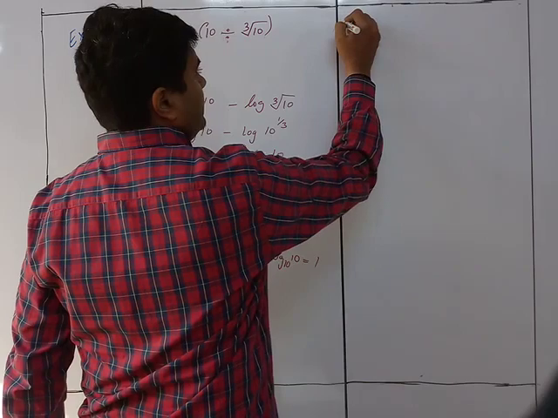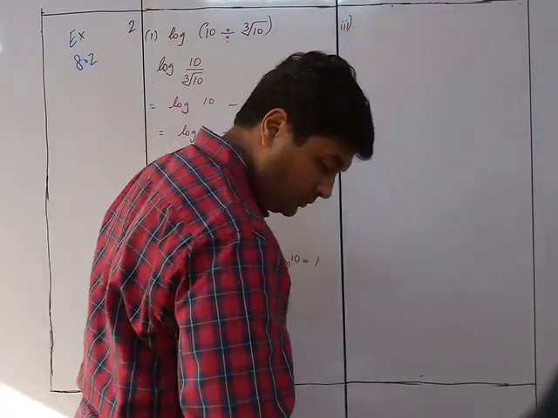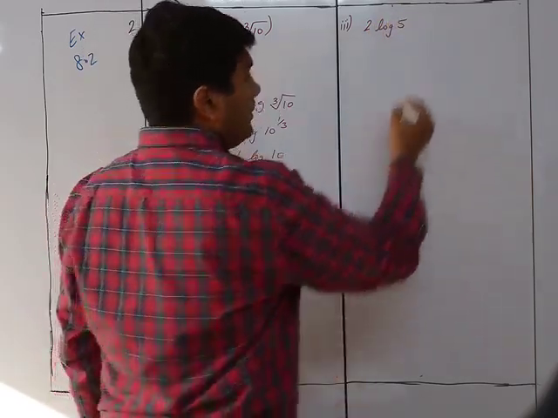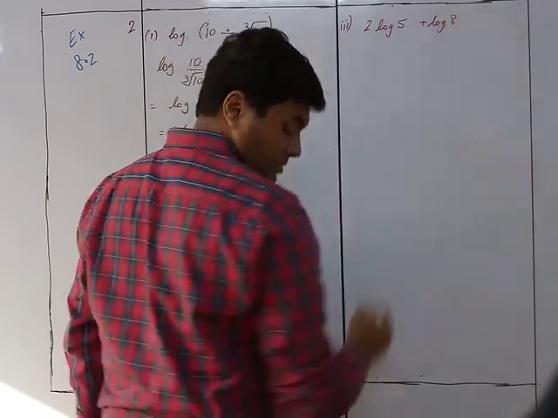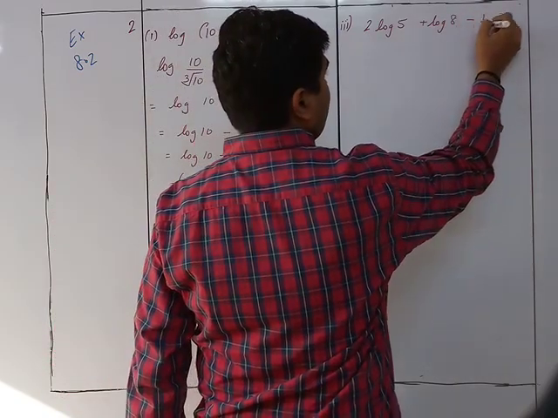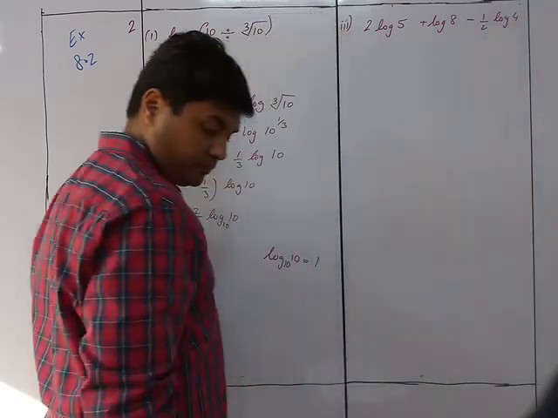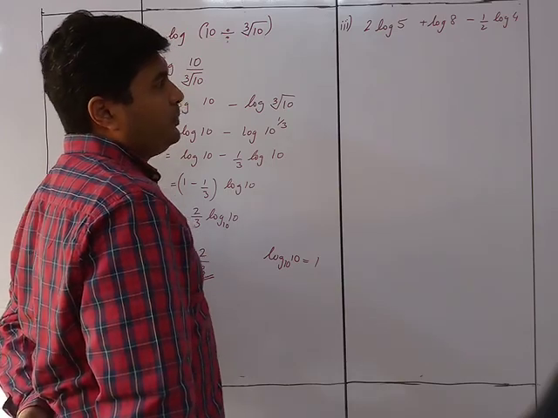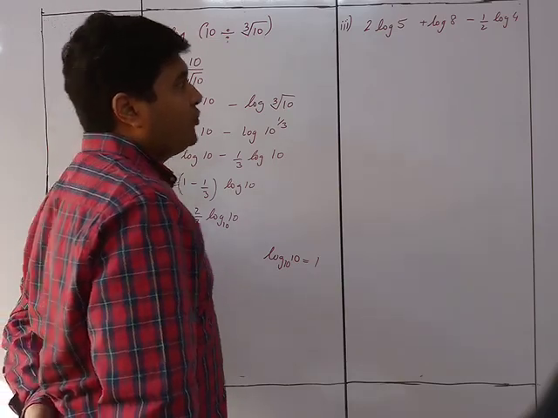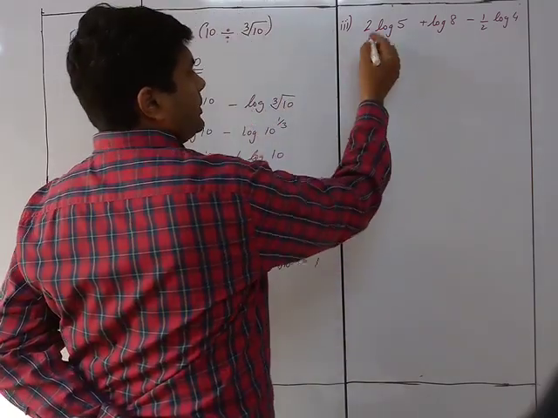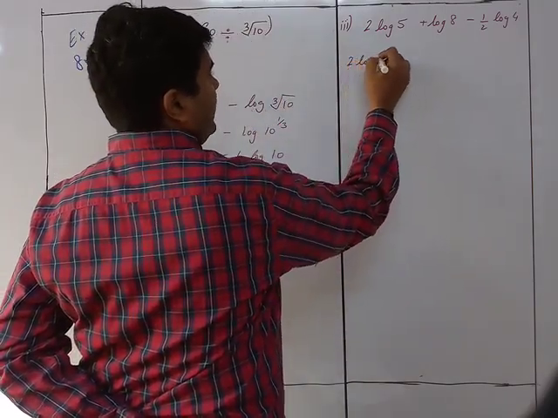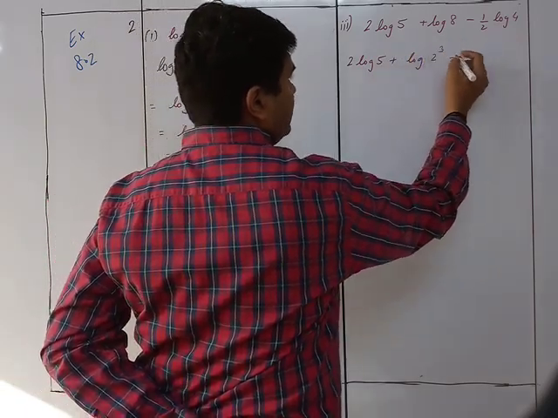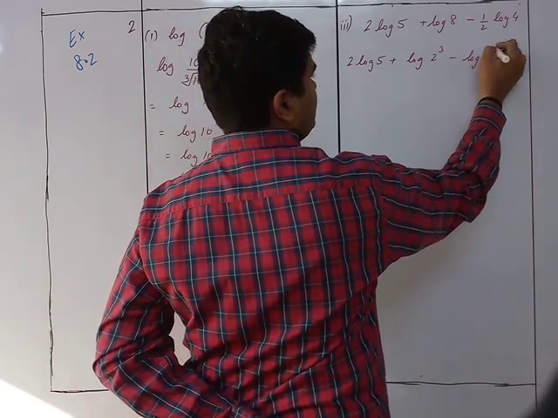The next sum number 3. 2 log 5 plus log 8 minus half log 4. Okay, 2 log 5 plus log 8 minus log 4. So we keep it as 2 log 5 plus this is log of 2 raised to 3 minus this is log of 4 raised to 1 upon 2.